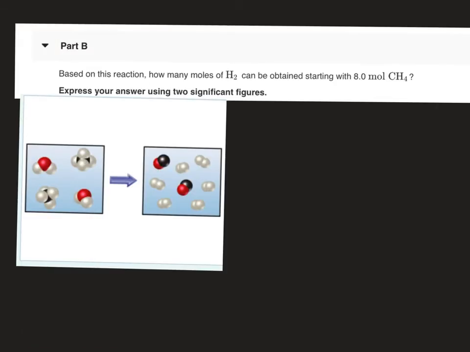This one's a little bit different, but very similar, where you have options on how you solve for it. Based on the reaction, you start with 8 moles of methane. How many moles of hydrogen can be produced?